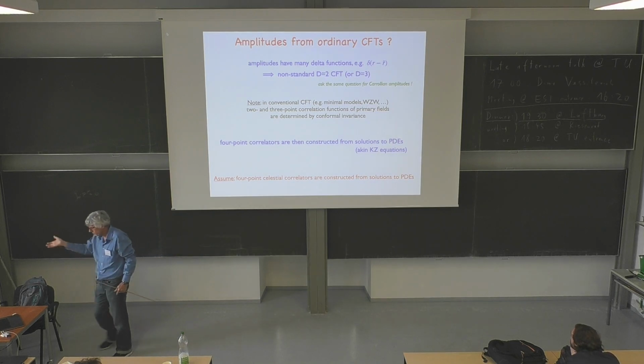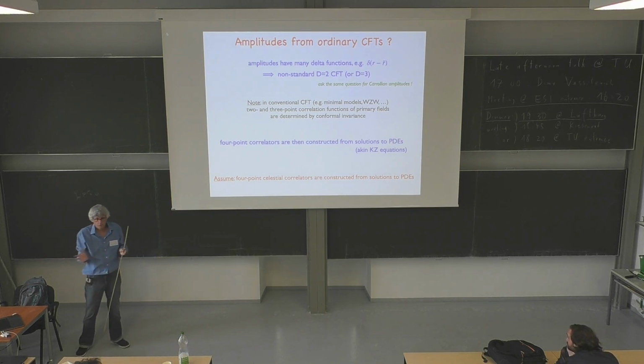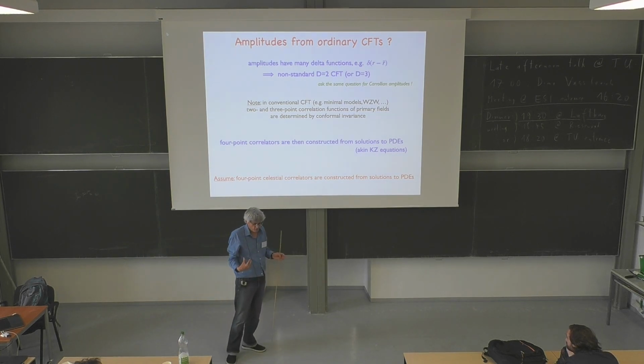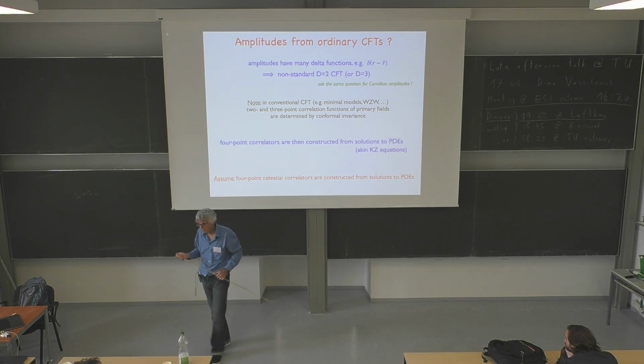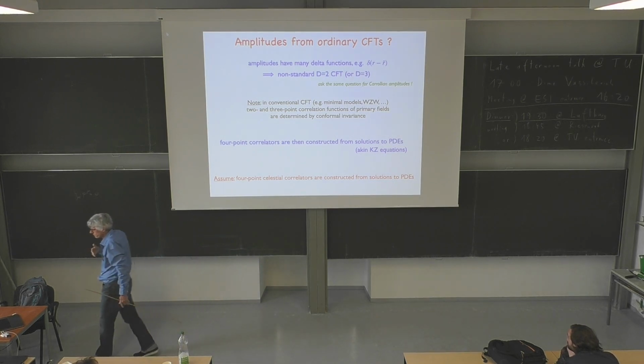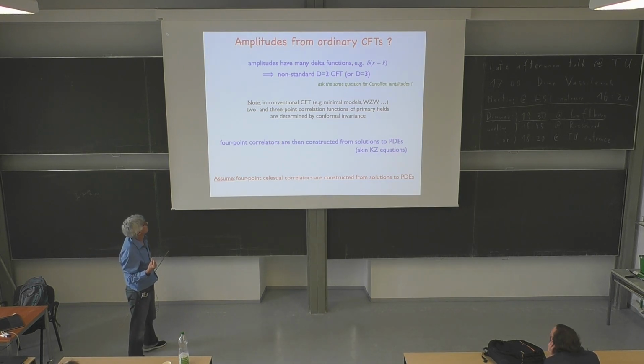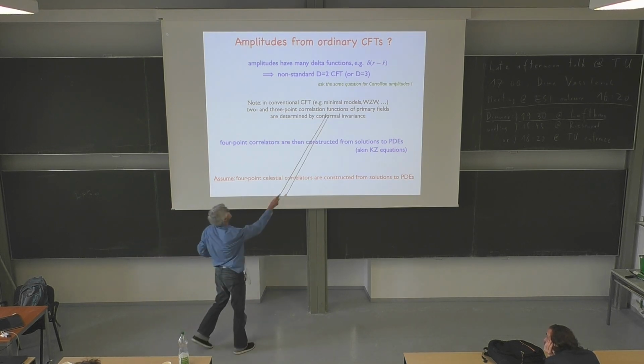When you look in this orange book, there's always a decoupling at tree level between the holomorphic and anti-holomorphic sectors. At one loop, the sectors couple, for example in string theory. So this means it's a non-standard conformal field theory.